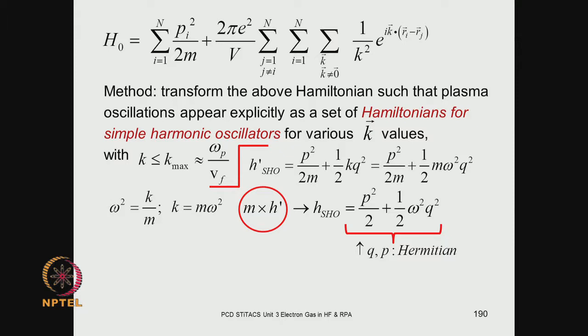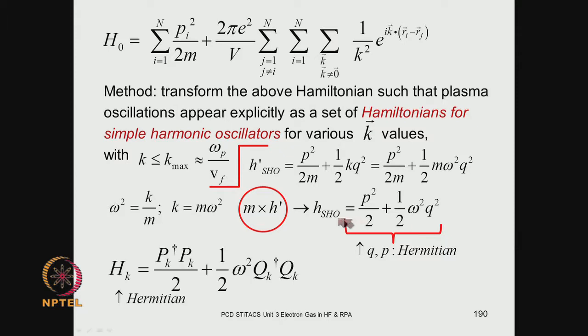So, what we are going to look for is, think of a certain Hamiltonian which has a similar form. Now, HK is a Hermitian operator which has the same kind of form as this.